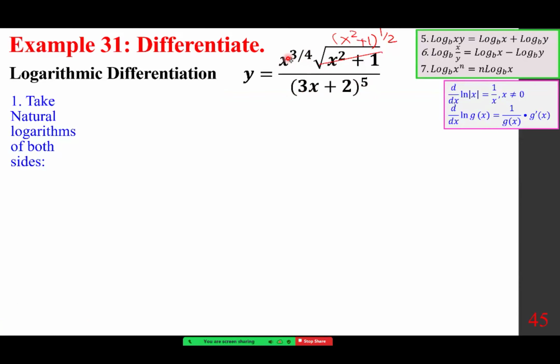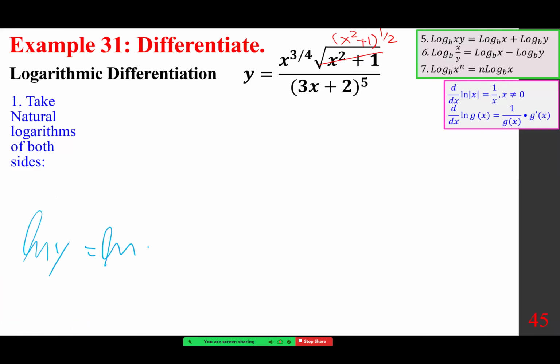What is log of this? Let me write it down here and then, so we have log. So I'm taking a natural log. Let me just write natural log of y, ln of y.